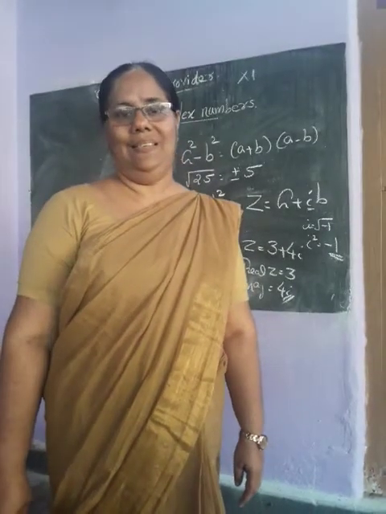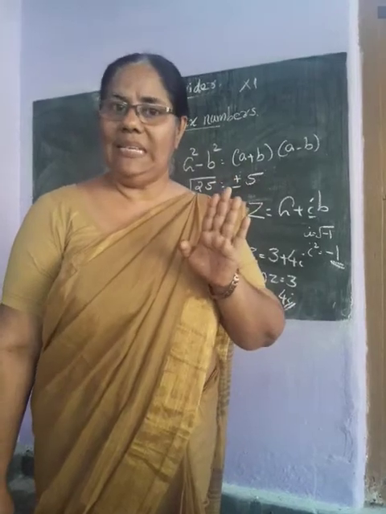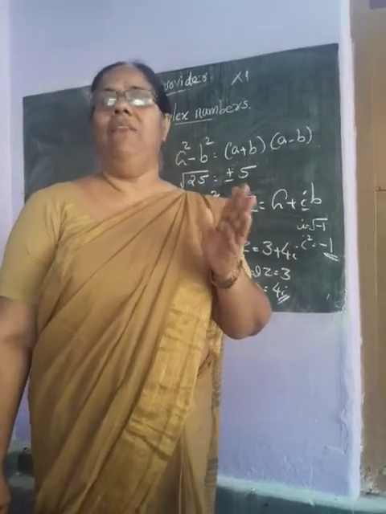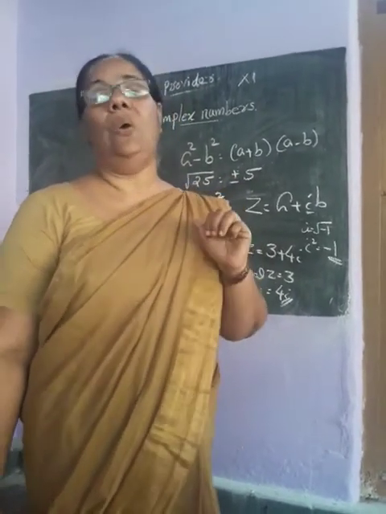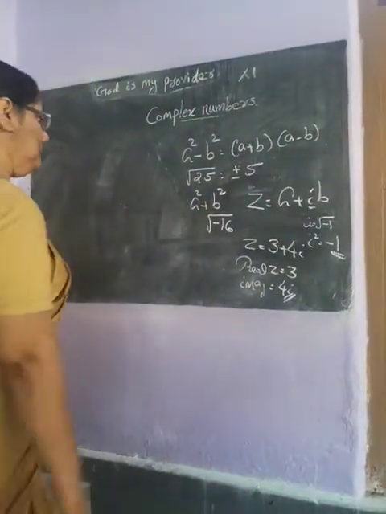Now listen. Therefore, the first one is any number of the form Z is equal to A plus iB, where A and B are integers, is known as a complex number. Look here.